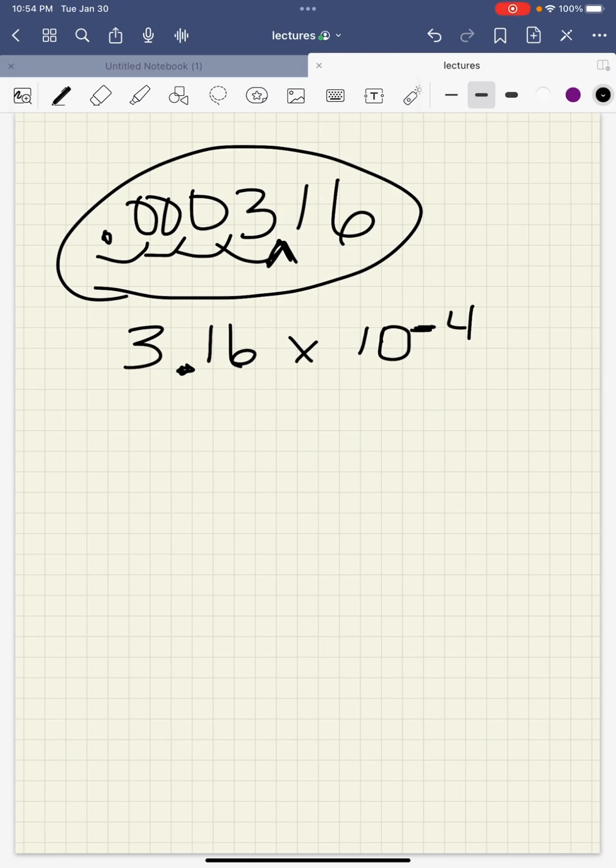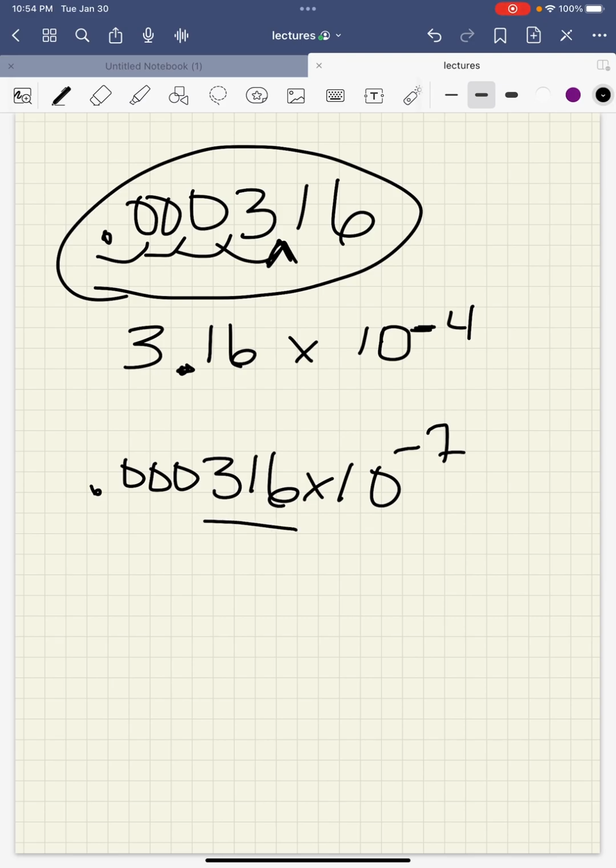Okay? The next one, it says to write this number in scientific notation. Well, at first glance you might think, well, it is times 10 to something. The problem is that is not in scientific notation. That number is actually this number, isn't it?